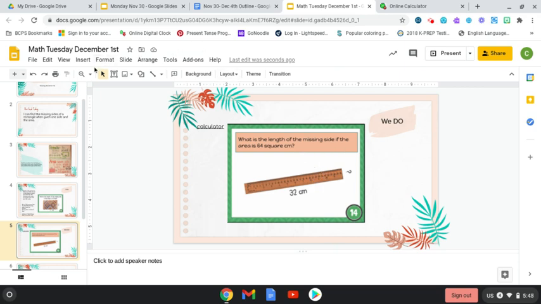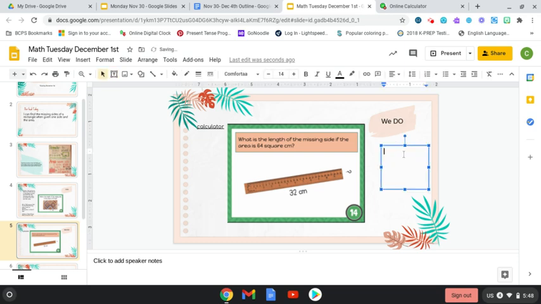So once again, if you look here, they've told me that one side is 32 centimeters, and I don't know the other side, but I know that the area is 64 square centimeters.